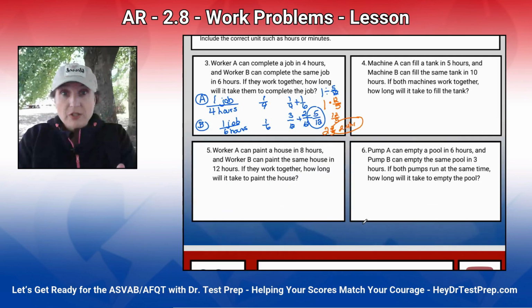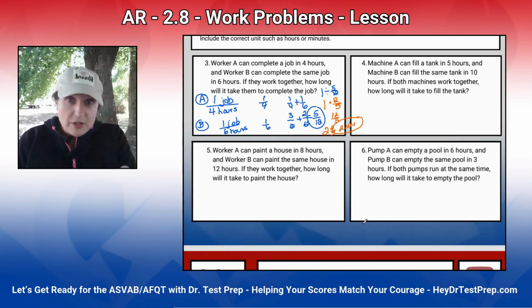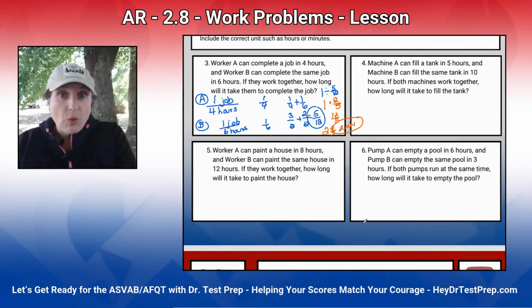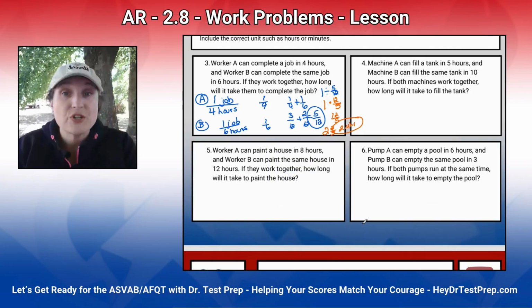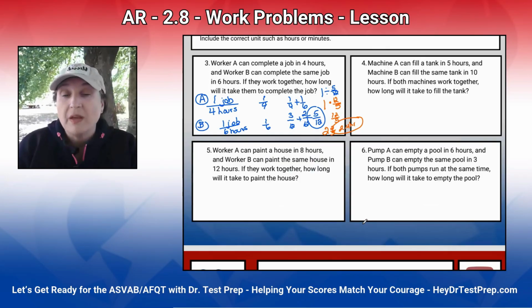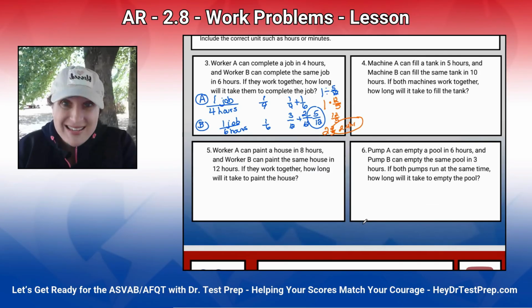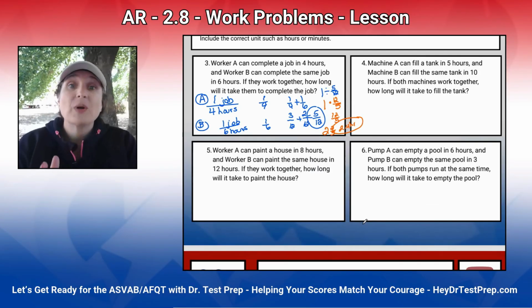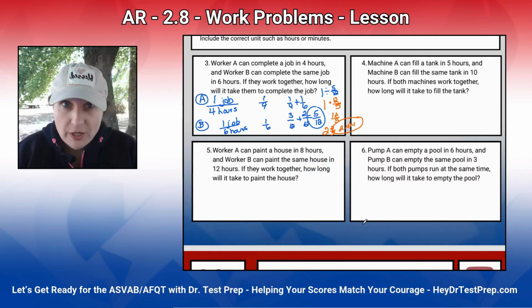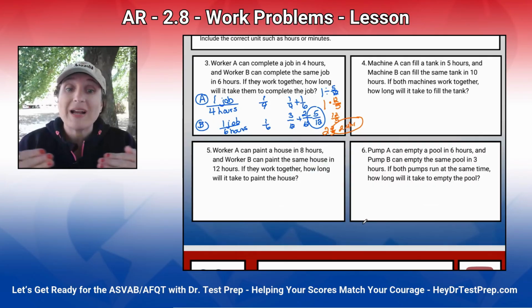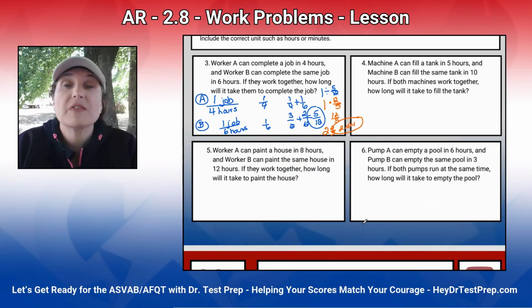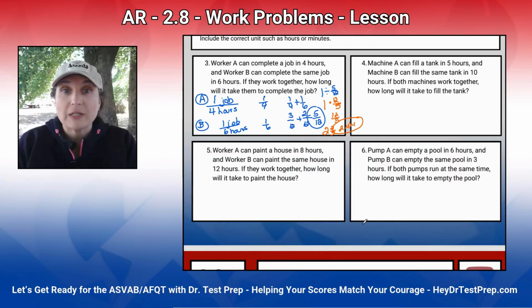So first we looked at person A. Person A can do one job in 4 hours, so every hour they're doing 1/4 of the job. Person B can do one job in 6 hours, so every hour he's doing 1/6 of the work. So what we're doing is adding how much of a job they can do in 1 hour. 1/4 plus 1/6 told us that they can get 5/12 of the job done every hour.